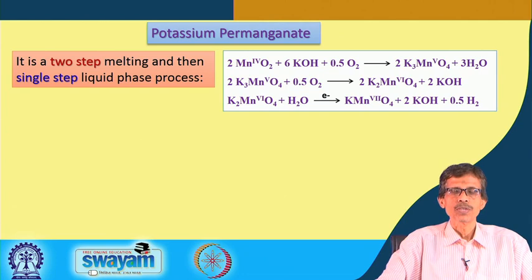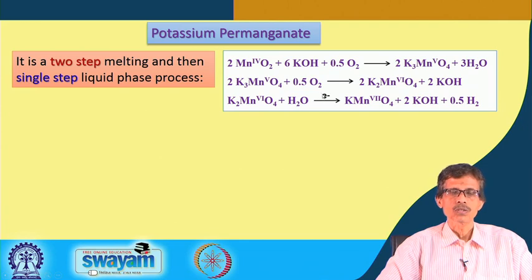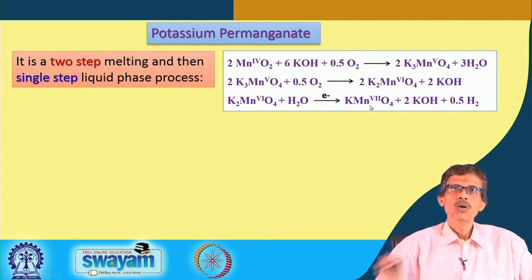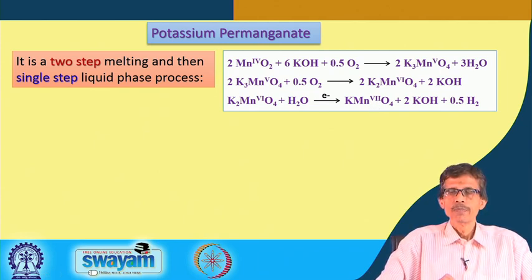The single step liquid phase process is the second step, where you get the oxidation, 1 electron loss, of the manganese hexavalent state to the manganese heptavalent state, which we all know is nothing but your KMnO4, potassium permanganate.